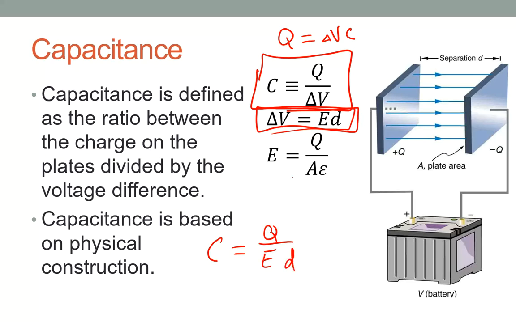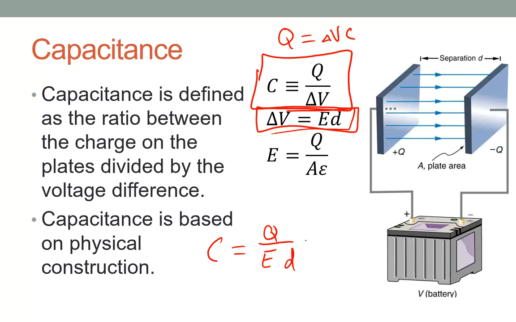But then we also know, and this is the result of a derivation that is not so difficult, really, using Gauss's law, that if we have parallel plate capacitors, the electric field between them is the total charge on a plate divided by the area of the plate and the permittivity.